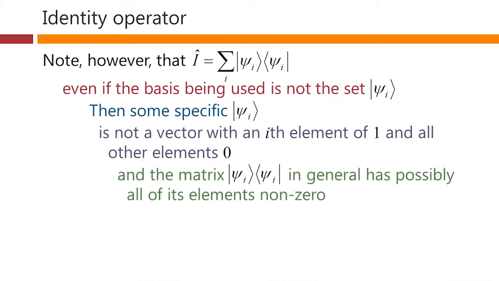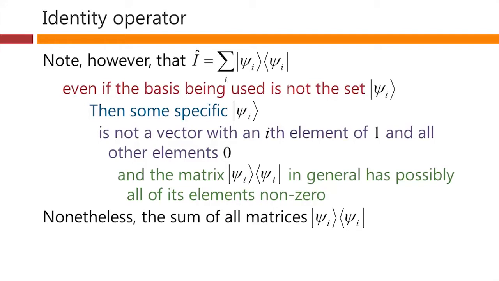In fact, in general, this matrix that we would get by taking the outer product of psi I with itself is a matrix that possibly has all of its elements non-zero. But nonetheless, the sum of all of these matrices here still gives us the identity matrix. That's part of the power of this particular proof that we've just done.